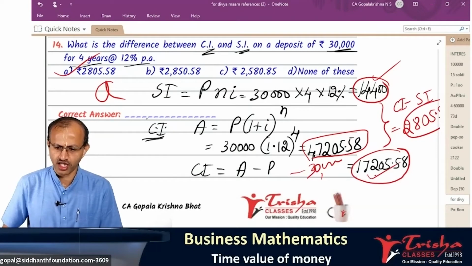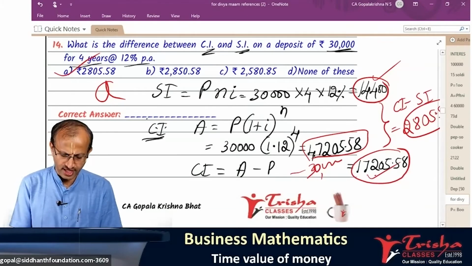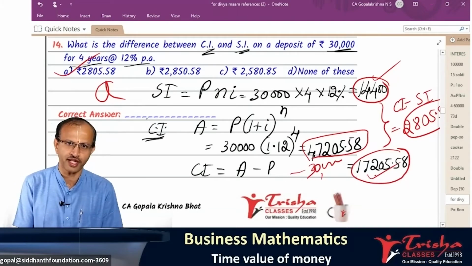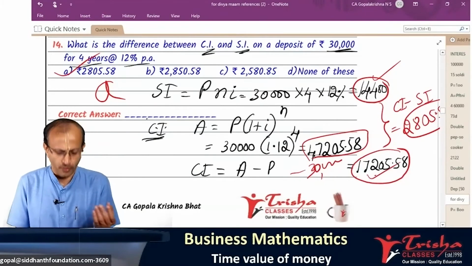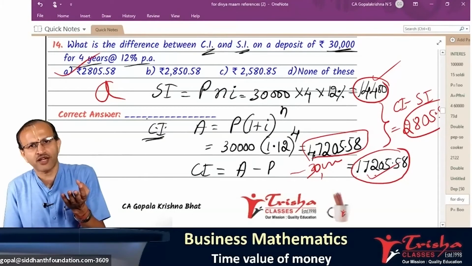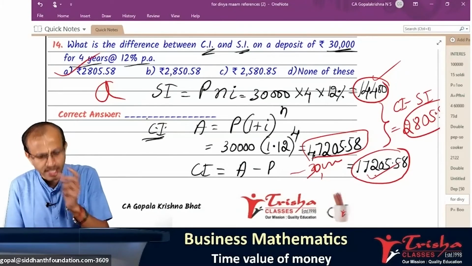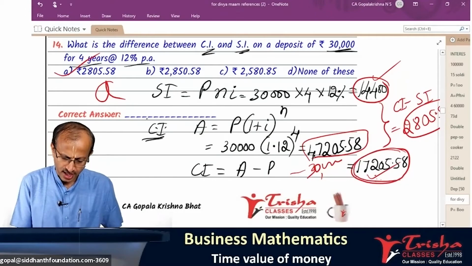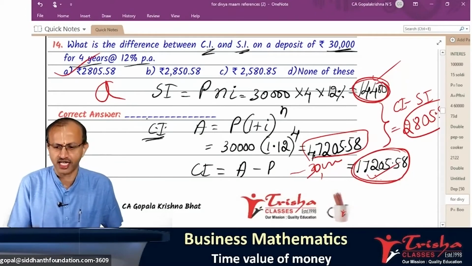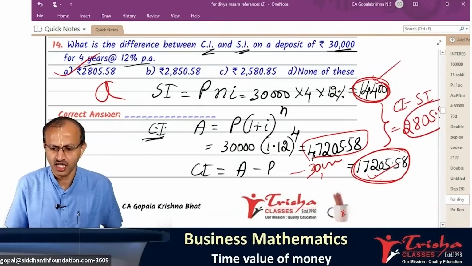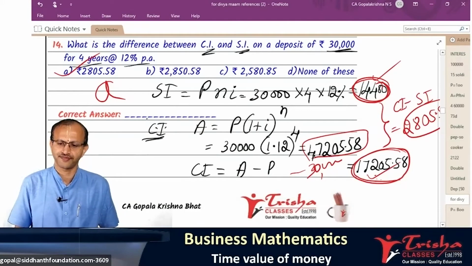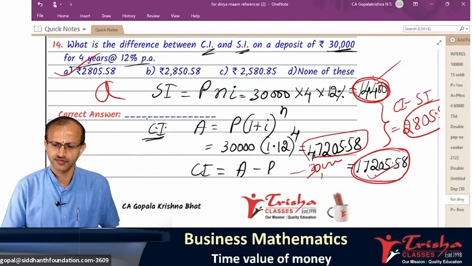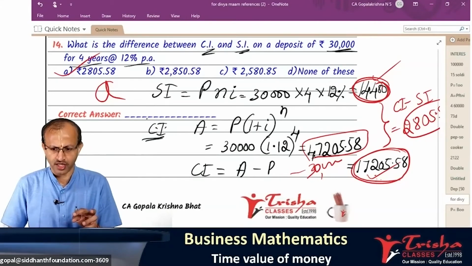Juaria is asking, how do you get 17,205? This is 47, that is A. We should do A minus P, the principal. By depositing 30, you will get 47,000 odd in the bank. What is your income? The difference is 17,205. That is CI. This is SI. The difference of SI and CI. Is it clear, Juaria Kausar? How did we get 17,205?